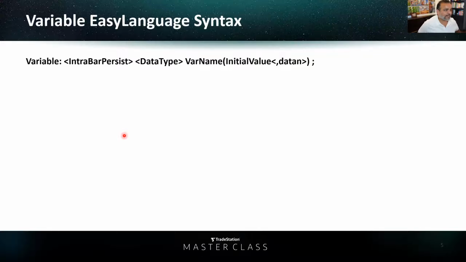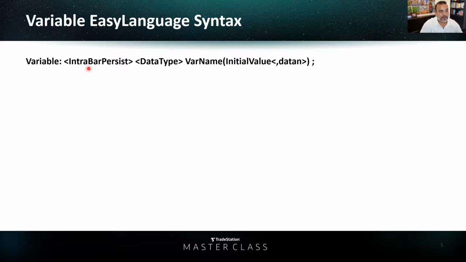Okay, syntax. You can see what you have here at the top of this PowerPoint, and you also have it on the PDF, is all the different aspects that a variable declaration statement can have. We start with the word variable and colon. We already established that.